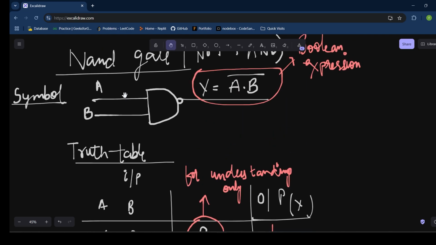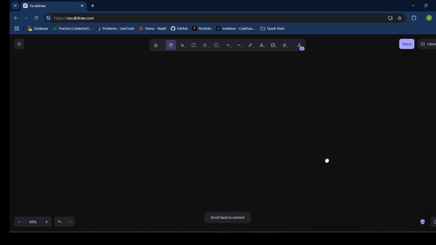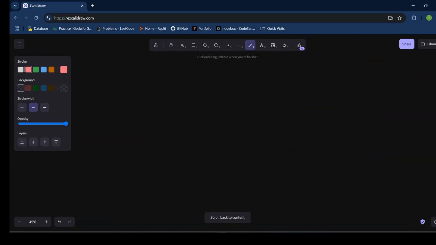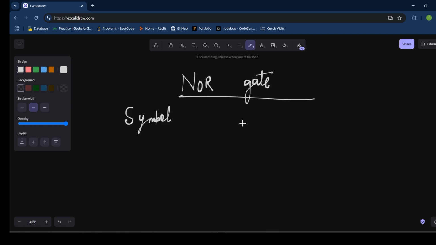So now next move on to our next gate, that is the NOR gate. So the symbol would be, and this is the combination of OR gate plus NOT gate.